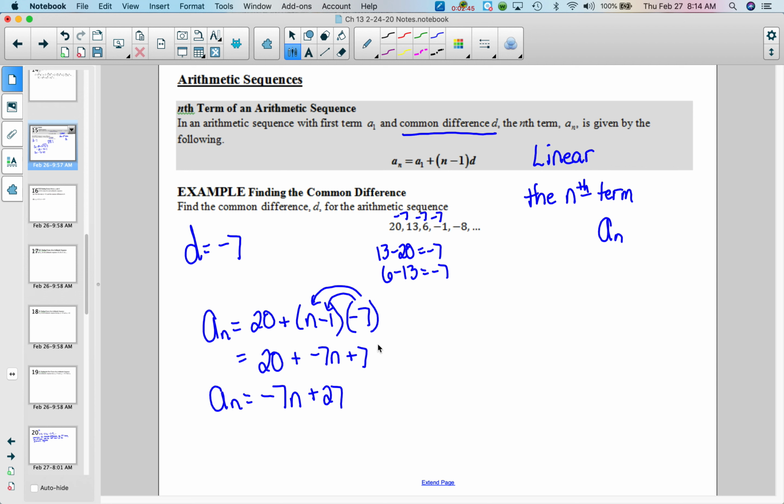Like I said, you'd have to have the parentheses there, or you could put the -7 in the front if you prefer. That's fine too. If you simplify it to this, remember that the common difference is like the slope of our line. So if you want to relate that to something that you are familiar with, that's what you would do.